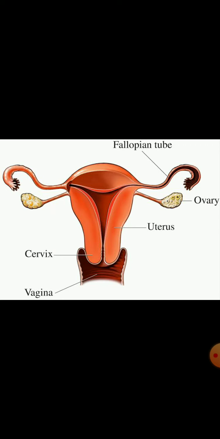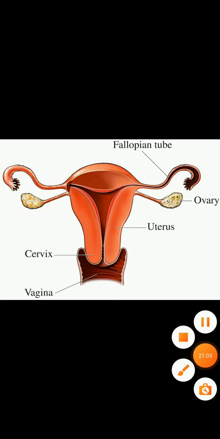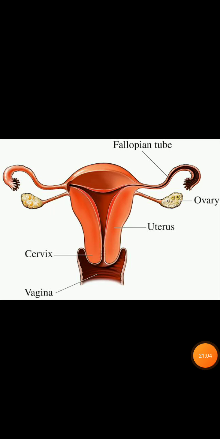As we know, the uterus prepares itself every month to receive an embryo. How? By thickening the lining of the uterus wall, which is richly supplied by blood. For what? To nourish the embryo.